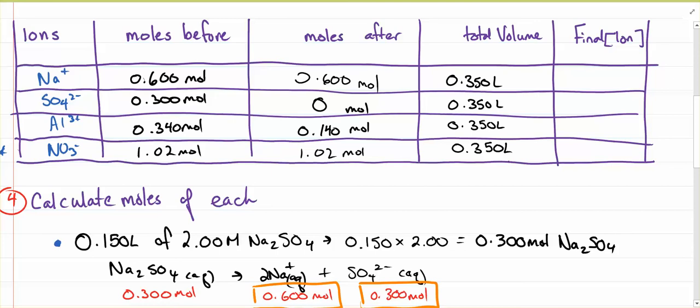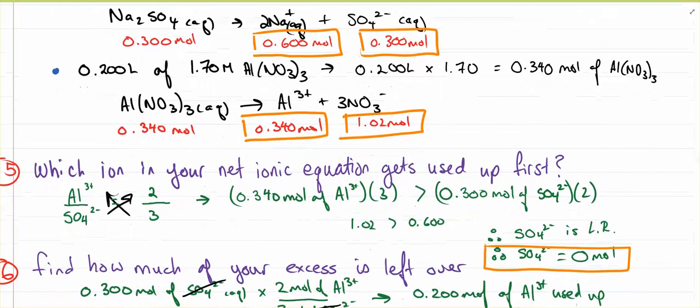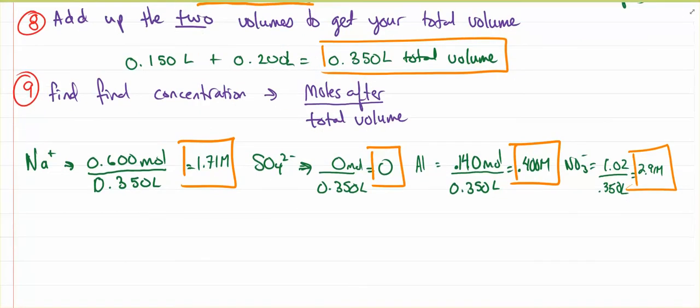To get the final ion concentration, I'm going to take the moles after divided by the total volume. So I'm going to take 0.6 divided by 0.35, and I get 1.71. And 0 divided by anything is going to be 0. I then take the 0.14 and divide by 350 mL again, or 0.350 liters.